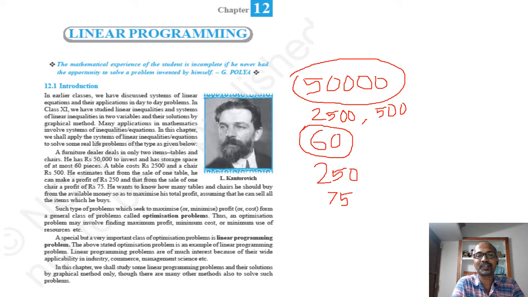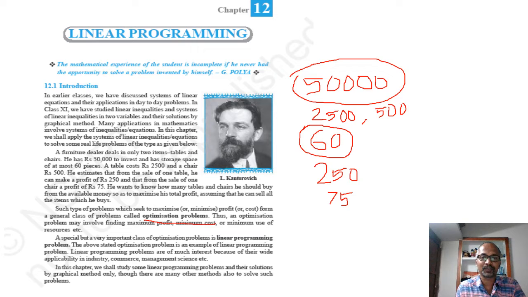To prepare something, the cost should be minimized, but profit should be maximized. So the strategies should be planned in such a way that profit must be maximized, and the cost, employment, etc. should be minimized. Such questions are generally called optimization problems.